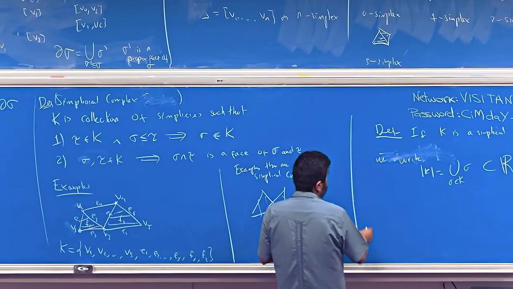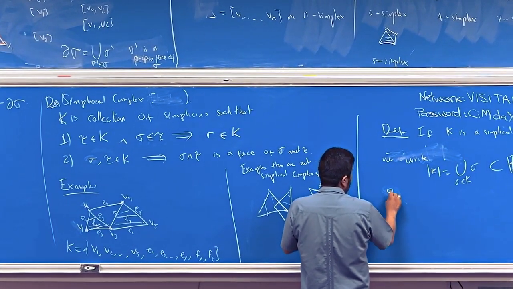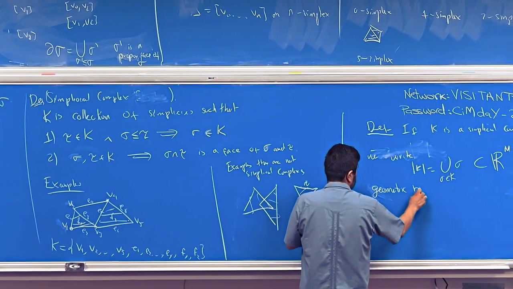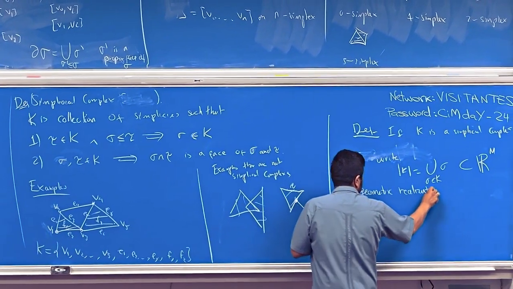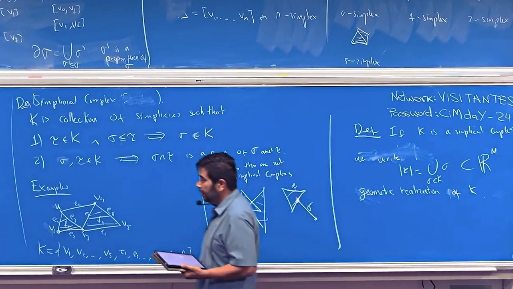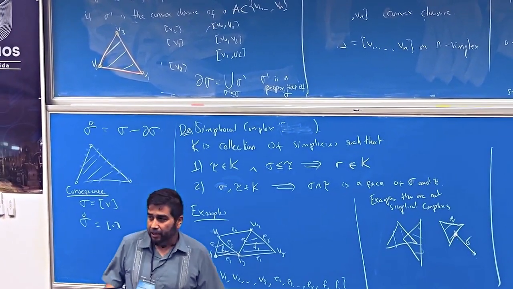This is the geometric realization of K. This is more or less what we think about simplicial complexes.